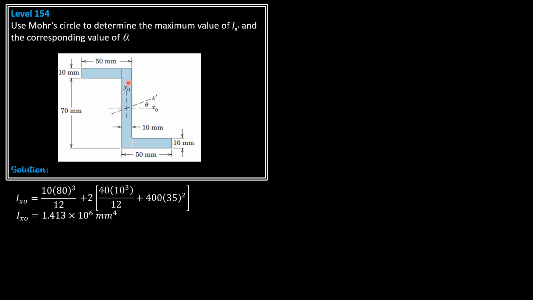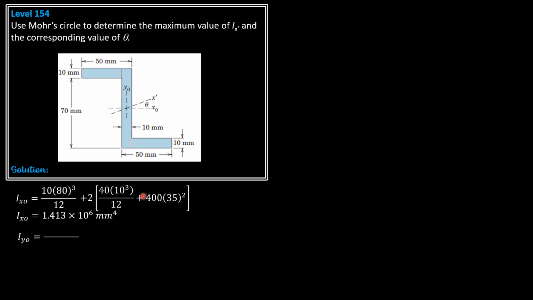While IYO here is 10 cube times 80 over 12 for this rectangle, plus 2 times 40 cube times 10 over 12 plus area 400, then barred x square, where barred x is 25. 20 plus 5.